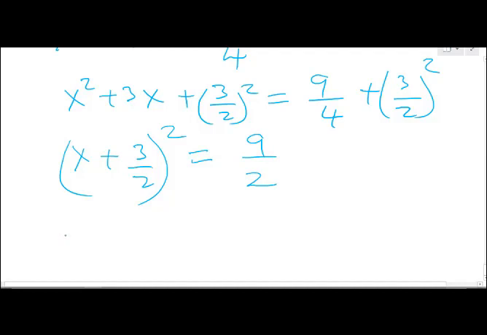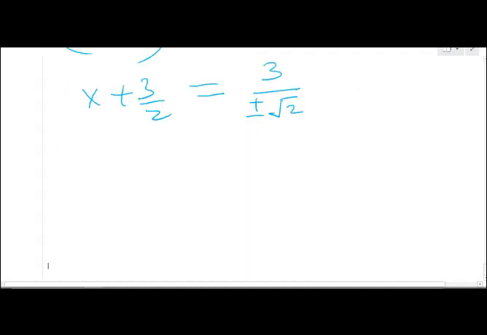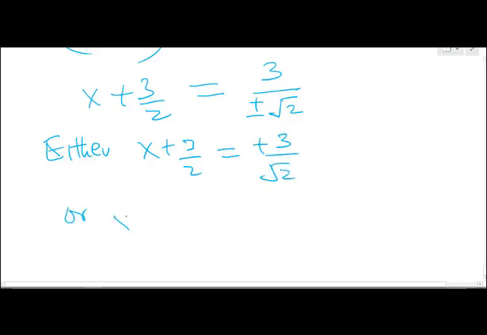In the next step, we take square roots on both sides, and if we take square root on this side, we are going to get x plus 3 over 2 is equals to 3 over plus or minus root 2. Because of the two values that appear on the right hand side, that is the positive and negative values, we have two choices for x, meaning that our x is either x plus 3 over 2 is equals to plus 3 over root 2, or x plus 3 over 2 is equals to minus 3 over root 2.